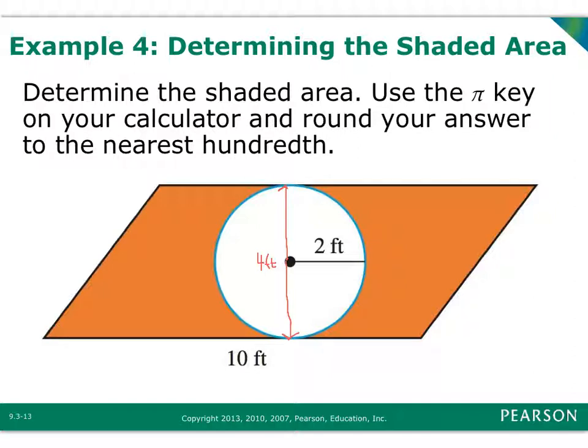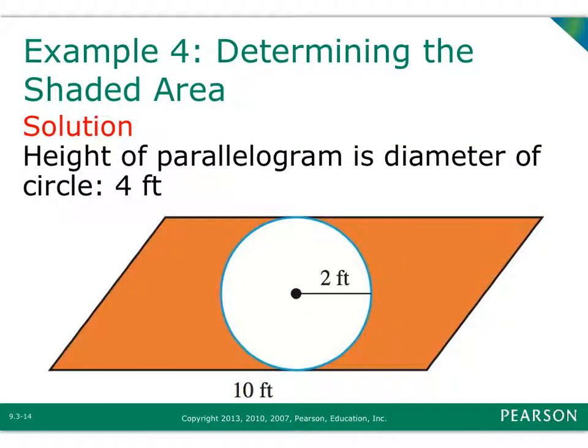Now we're going to find the area of the shaded area. Again, the height of the parallelogram is the diameter of the circle, which is 4 feet.